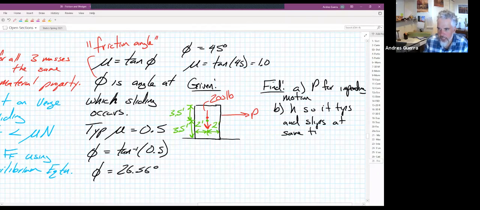Let me define H on our original given information. H is the location of where we apply that force P.